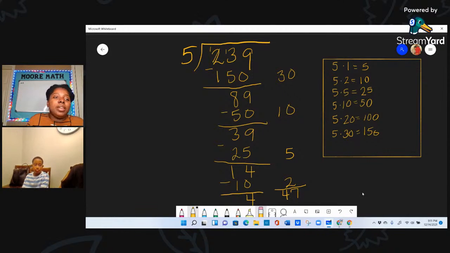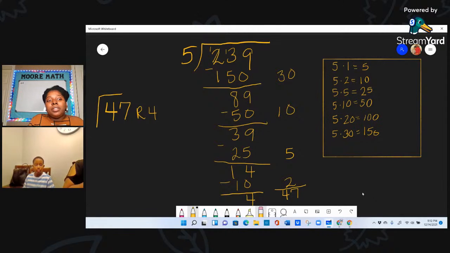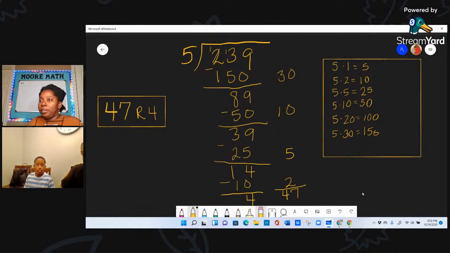Okay, so how do we say the whole answer? Okay, 47, and then what do we have left over? A remainder of 4. Good. So when you write your answer, you're going to put 47, remainder 4, because you have 4 left over.